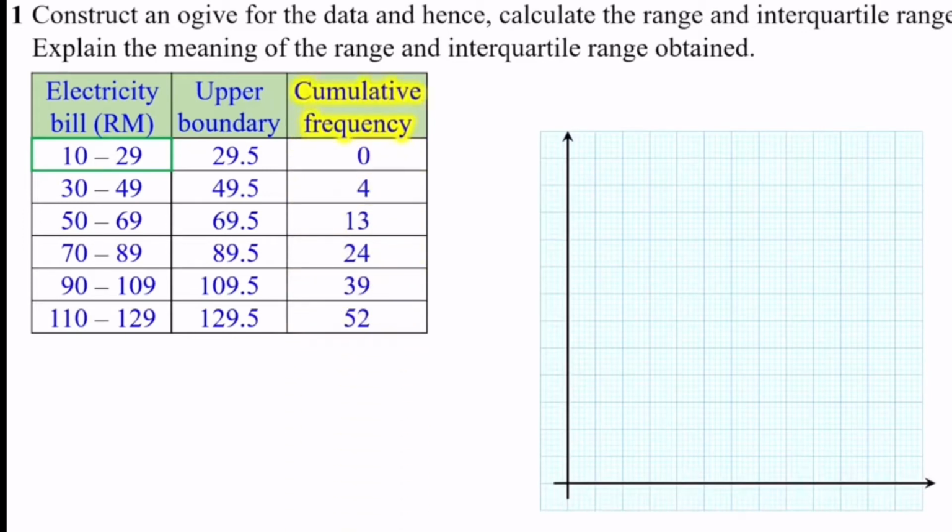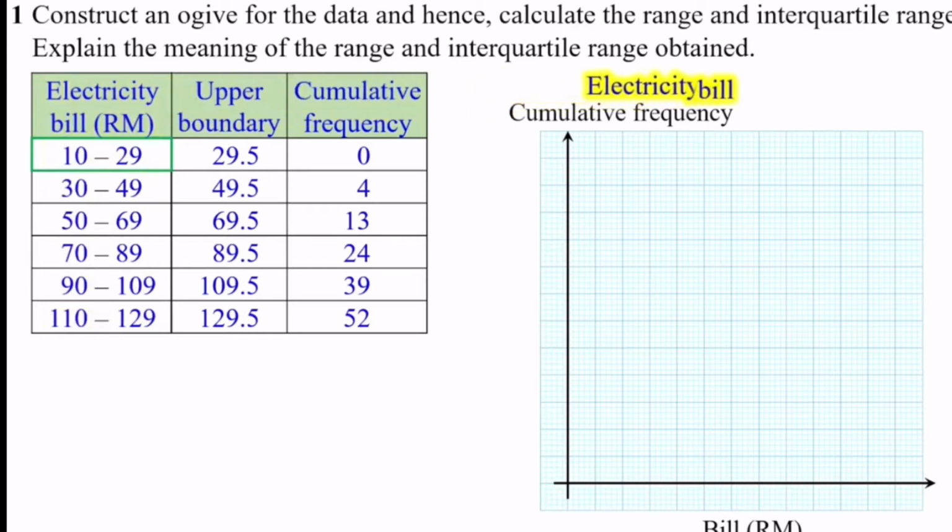Use the graph paper, draw the vertical axis and label cumulative frequency, and label the electricity bill in ringgit Malaysia for the upper boundary on the horizontal axis, and the title of the graph is electricity bills.